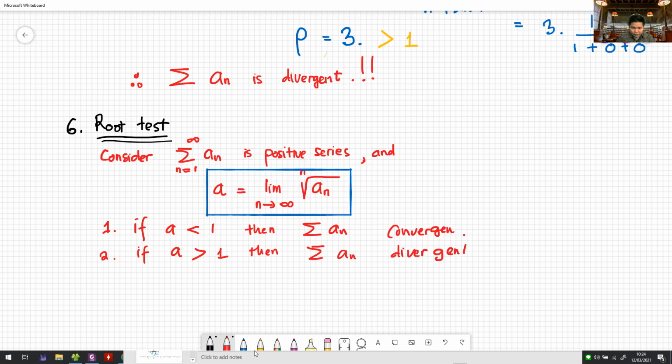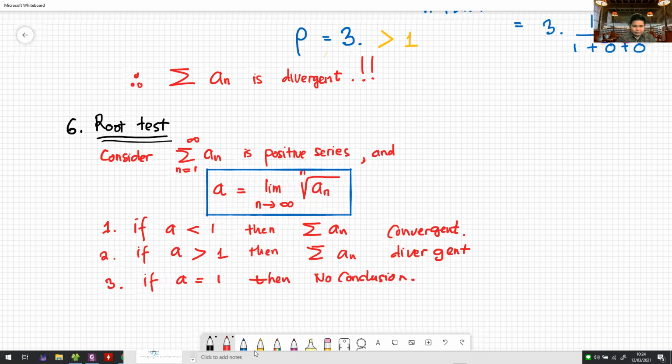Divergence. Ada T atau enggak ya? Ada divergence. Ada T ya, convergence. Number 3, if A is 1, then no conclusions.